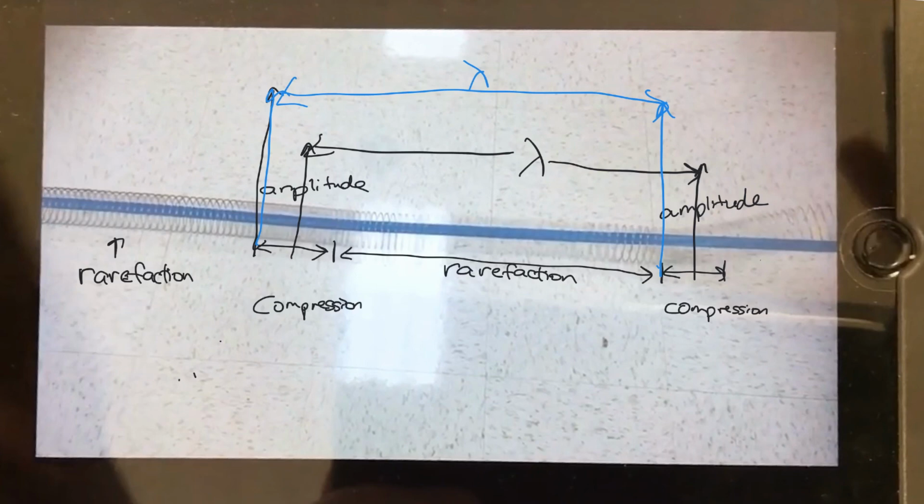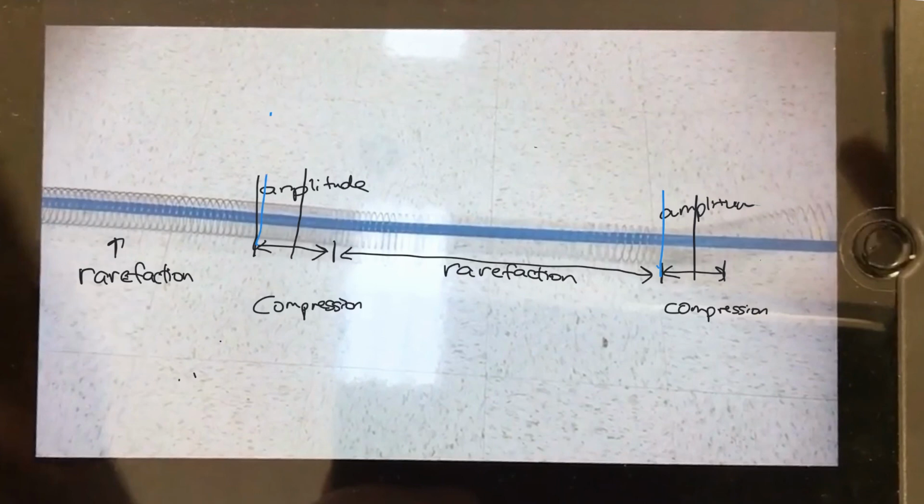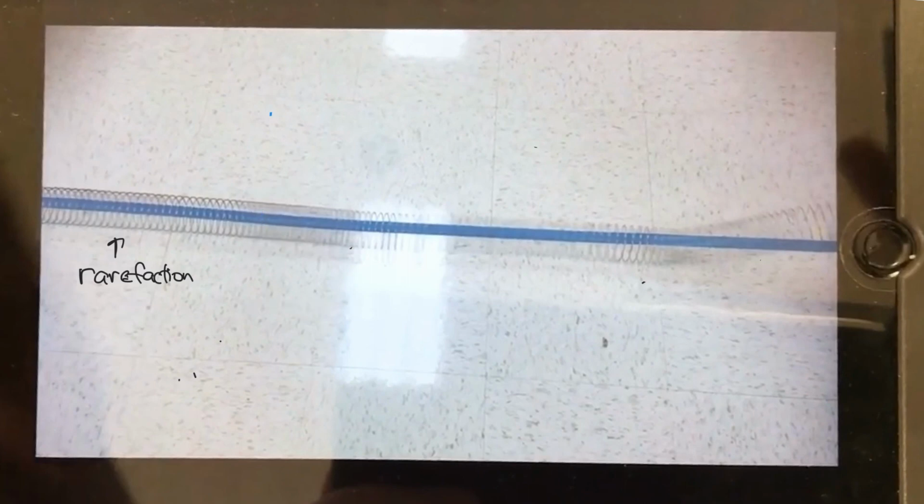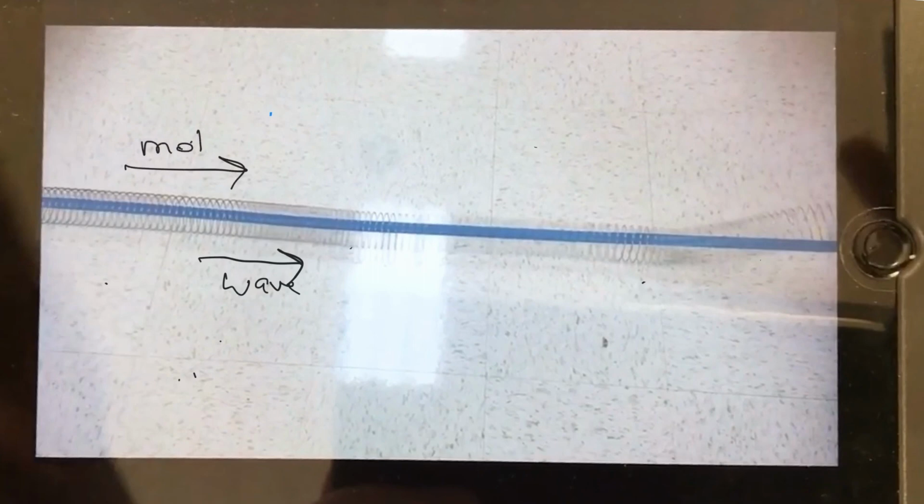One more thing I want to point out to you is that the longitudinal wave, I'm going to erase all this just so it doesn't look like such a mess. In the longitudinal wave, the compression or the wave itself is going along the same direction as the motion.